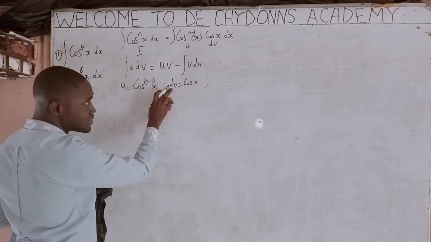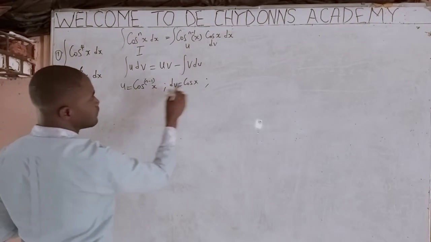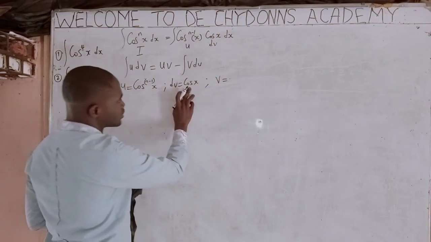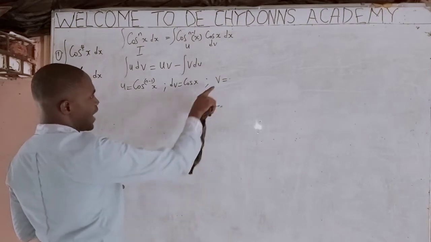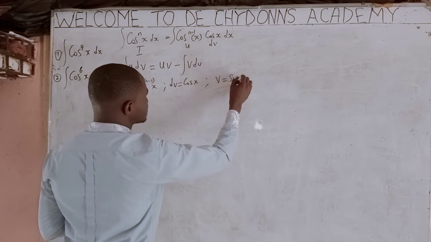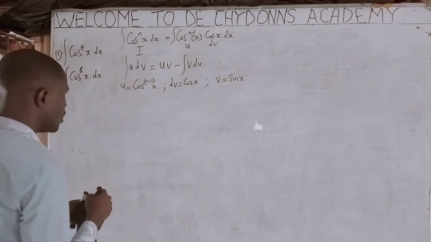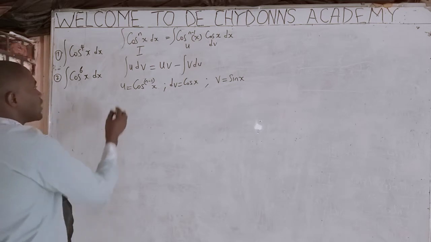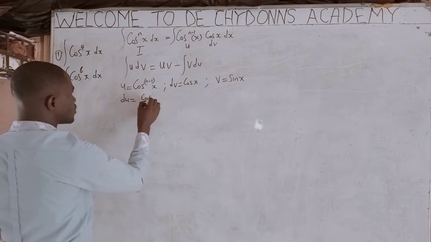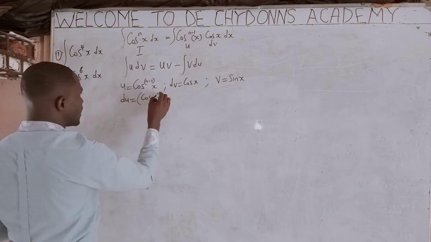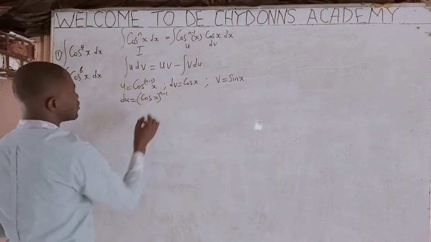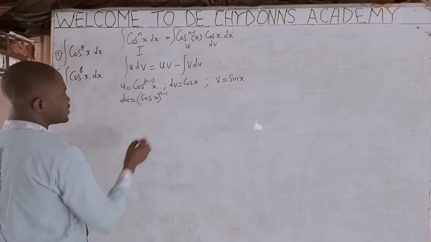The opposite of differentiation is integration. So when you integrate dv, you have v. If I integrate cos x, it will give me sin x. Then what of the u? This means cos x raised to power n minus 1. How do we differentiate it?